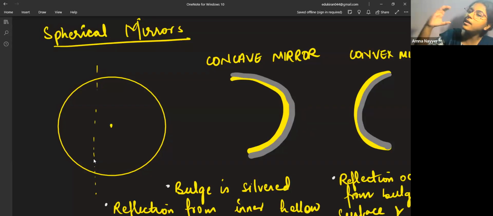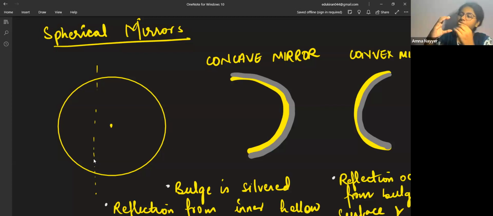So which area is available for reflection? This area, right? These types of mirrors we call concave mirrors. The bulged outer part is silvered. This is why it is a concave mirror, because you obtain a concavity where reflection and any other phenomena of light can occur.